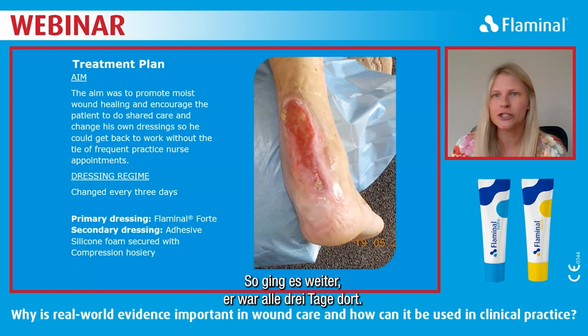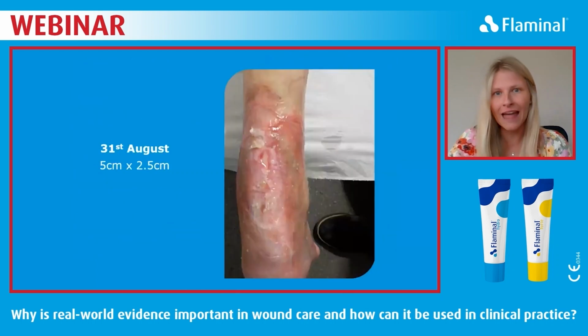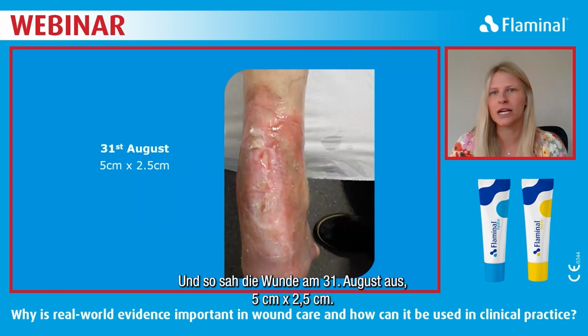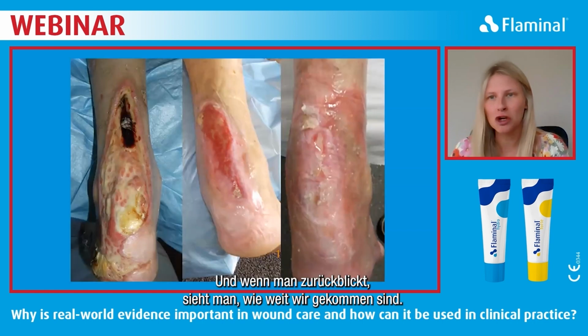So that continued. He was every 3 days. He had Flaminol Forte, adhesive silicone foam, and his compression hosiery. And this was him by the 31st of August, 5 centimetres by 2.5 centimetres. We were all really, really pleased with that. And if you have a look back, that's how far we came.